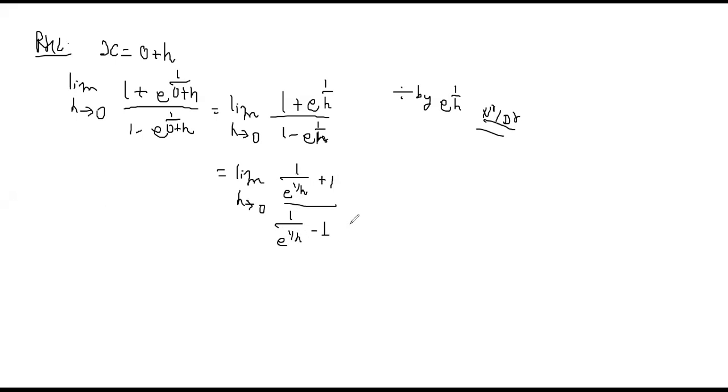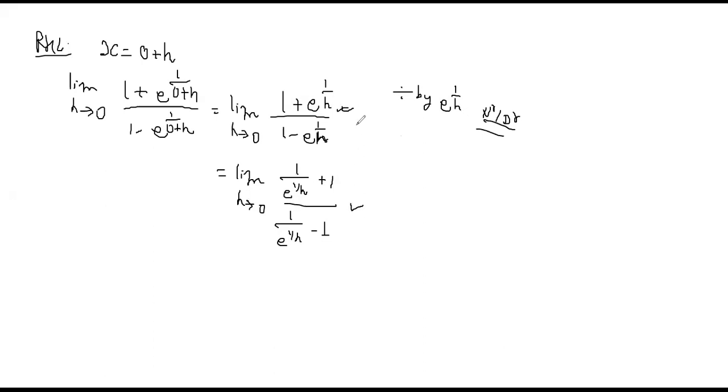Any problem? If you divide e raised to power 1 by h in numerator and denominator both, then it will be cancelled. If you're getting a problem, then I will explain briefly. Otherwise, you got it?